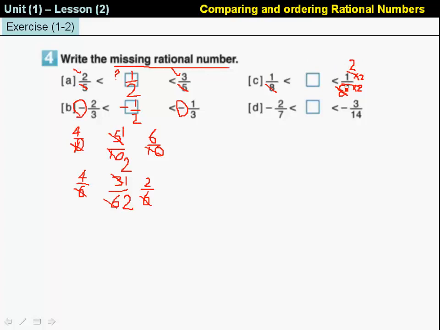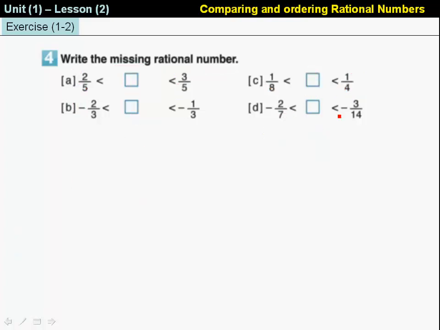So as we did before, multiply the numerator and denominator by 2: 2 times 2 is 4 and 8 times 2 is 16. What is the number between 2 and 4? 3 over 16. So here we must write 3 over 16.